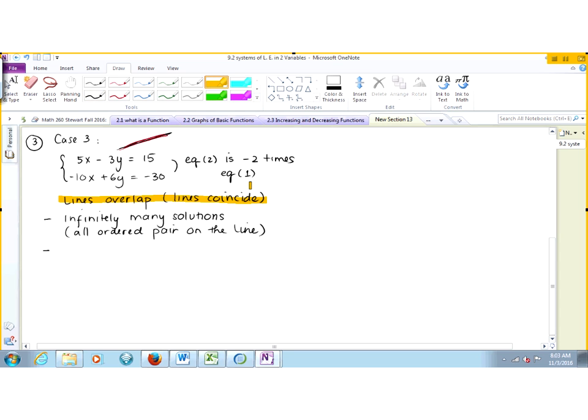So is the system consistent or inconsistent? Yeah, the system is consistent. Why? Because it has at least one solution. Now, are the equations dependent or independent?